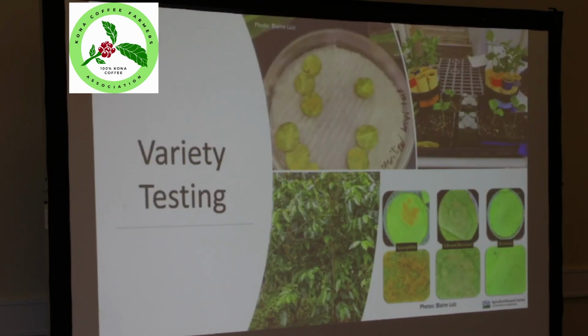Okay, we also have a lot of variety testing going on, ramping that up incredibly, working with leaf discs in the laboratory, which allows us to test a large number of varieties over time. And just to show you at the bottom right, the comparison of susceptible, okay, a lot of spore production.